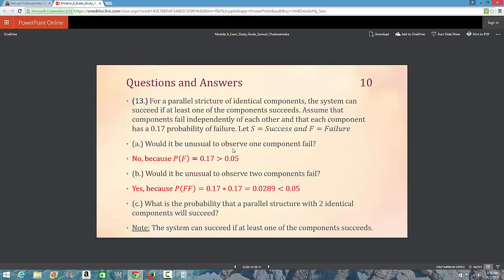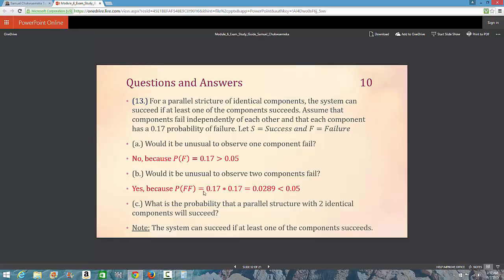A, would it be unusual to observe one component fail? We say no, because the probability of failure of each component is 0.17. It is greater than 0.05, so it will not be unusual to observe one component fail. B, would it be unusual to observe two components fail?